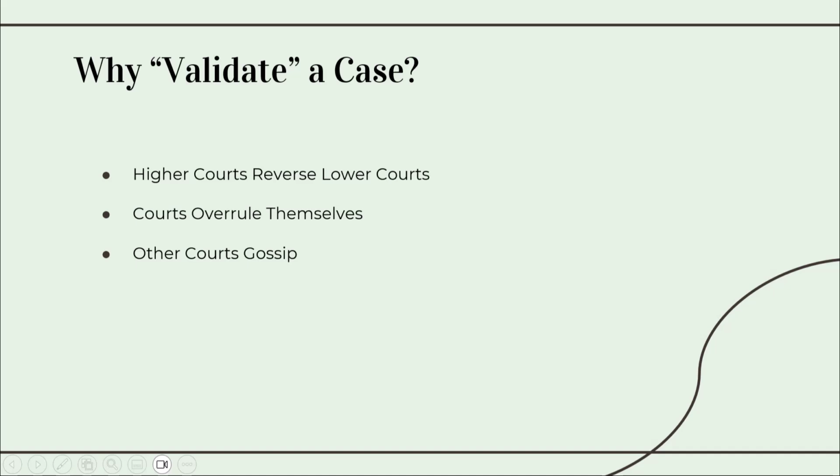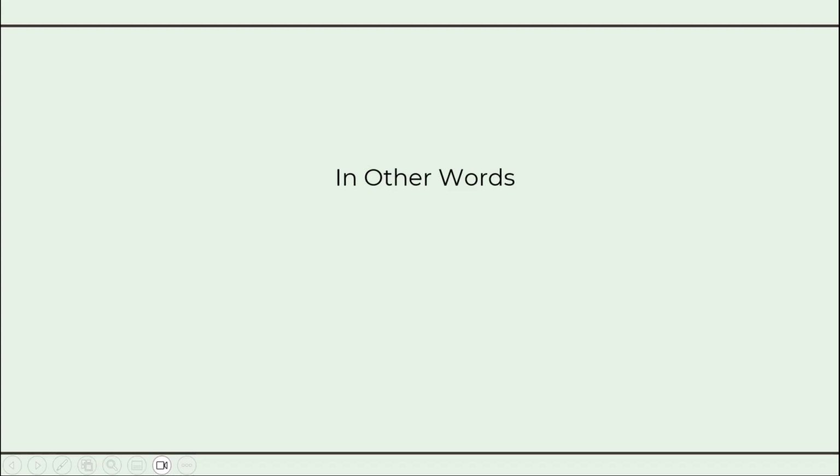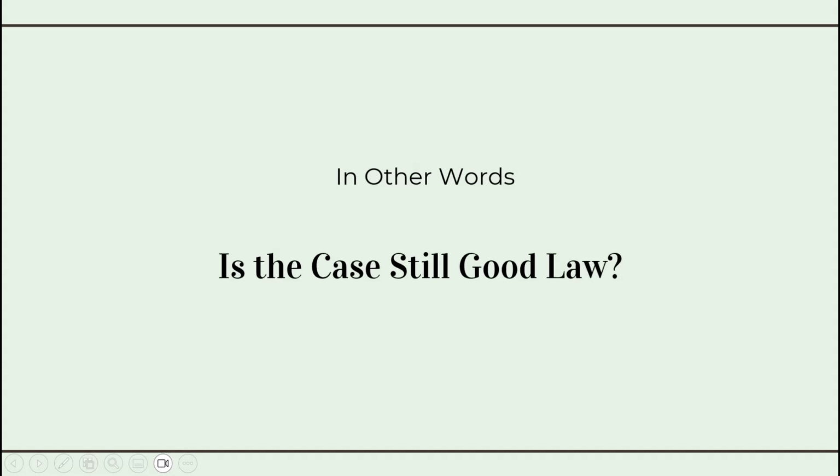And so a case that's been heavily criticized is probably not a good one to rely upon. In other words, when you validate a case, you're checking to see whether the case is still good law for the issue that you want to use it for, or you're looking to find weaknesses in the case so you can attack it if it's being used by the other side.